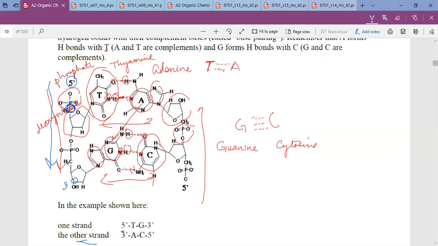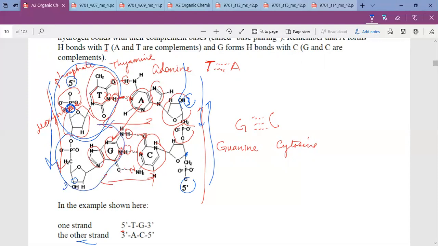So this chain is 3 to 5. Actually, it's going this way. So this is one nucleotide.